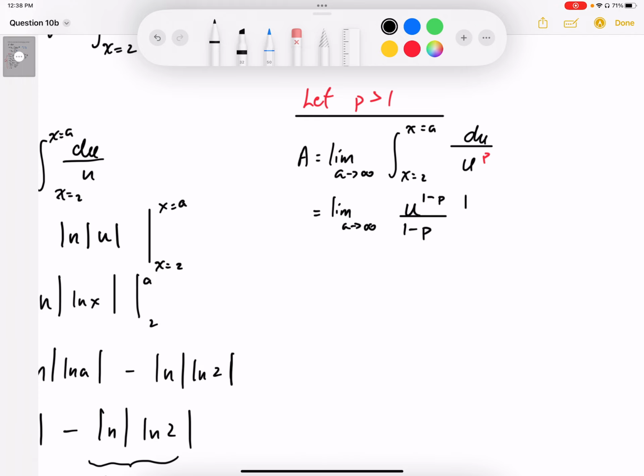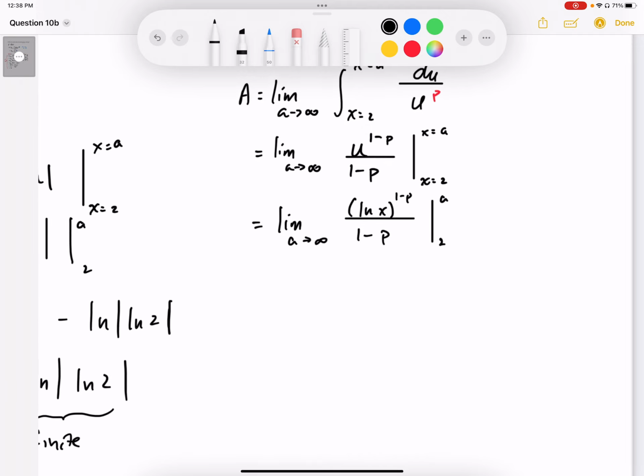Okay, and then we're going to evaluate this from x is 2 to x is a. I'm going to substitute back in my log. So the limit as a approaches infinity, this is going to be log of x to the 1 minus p over 1 minus p, from 2 to a.